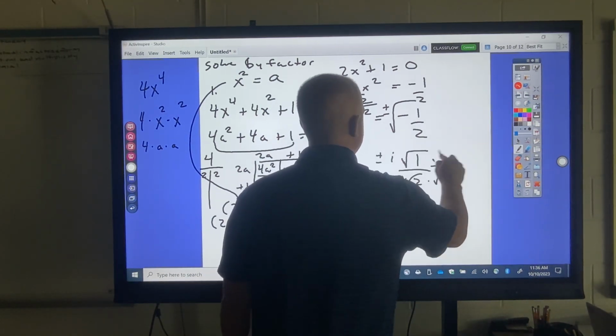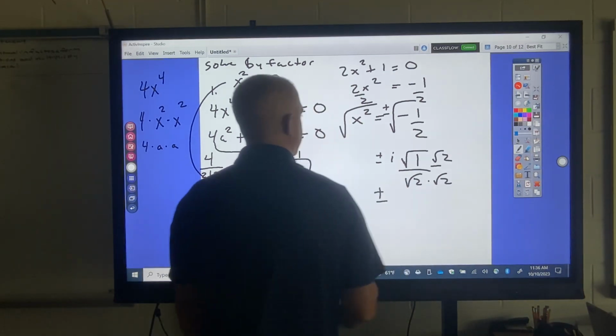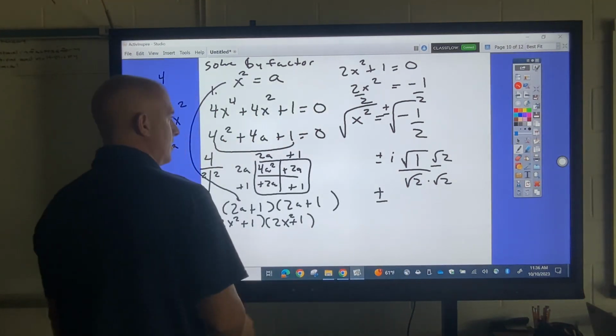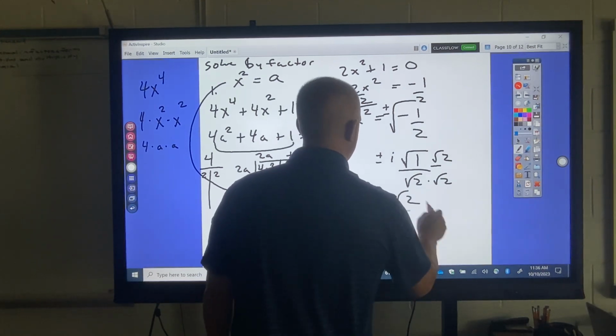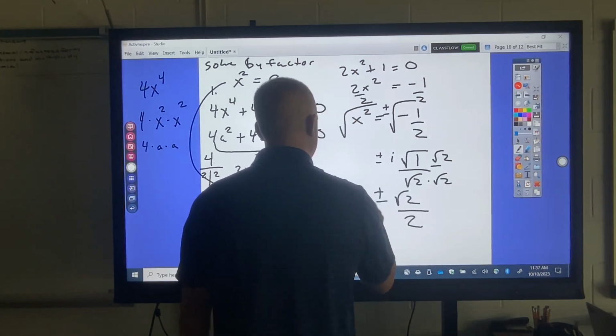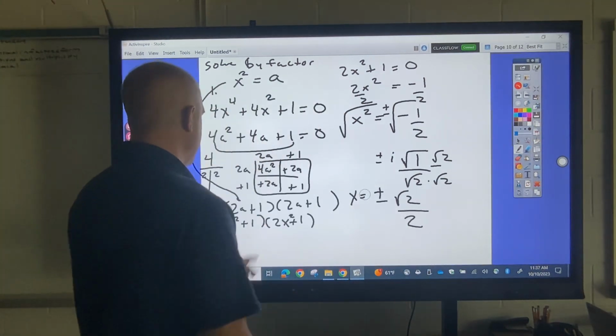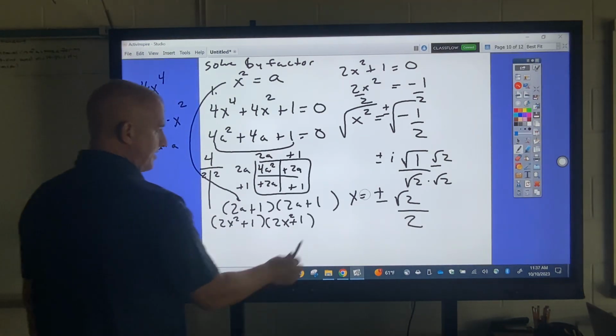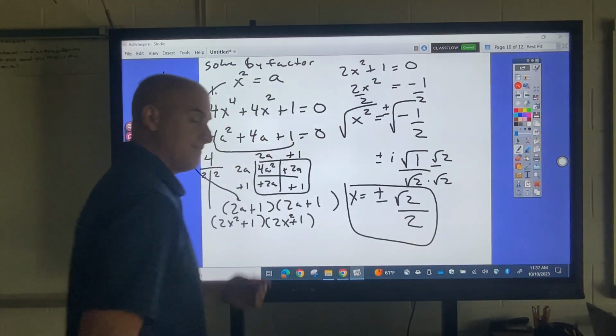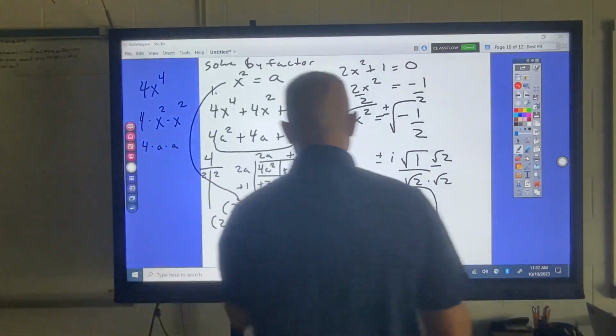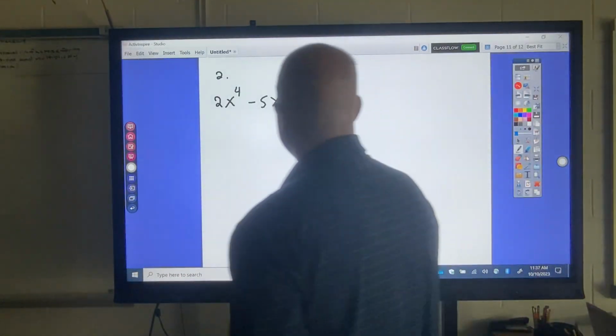So rationalize that. That'd be plus and minus i over square root of 2. Square root of 2 times square root of 2 would be 2. So that'd be the solution for that. And this is the same thing, so that solution's already there. You'll learn about that. That's a multiplicity deal.